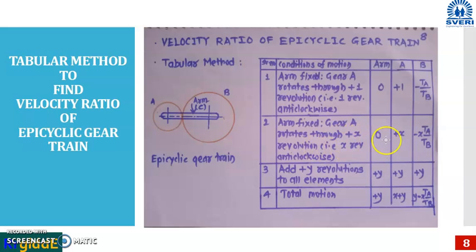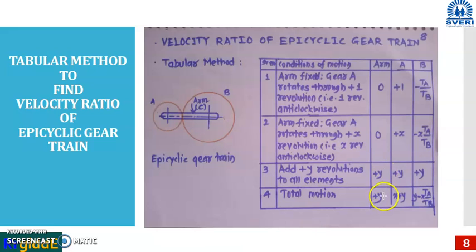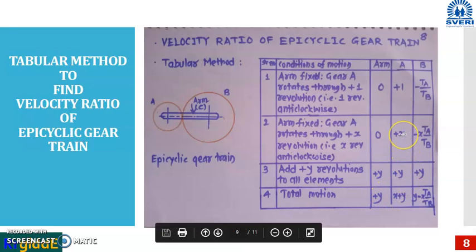So again 0 plus X, we just need to multiply first row by plus X, and again we are going to get minus X TA upon TB, that is revolution of the B. Then again to count revolution of arms, we need to add plus Y revolution to all the elements, that is plus Y, plus Y, plus Y. Therefore, in step number 4, we are going to get the total motion, addition of this 0 and Y, that is Y, again addition of this X and Y, X plus Y, addition of this term and this term, Y minus X TA upon TB.